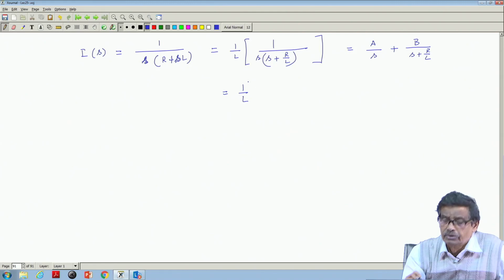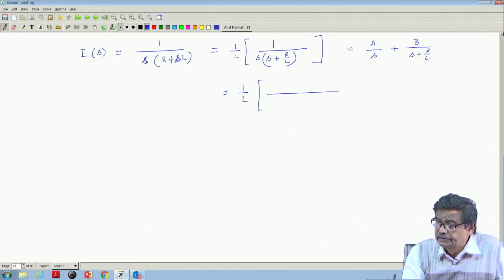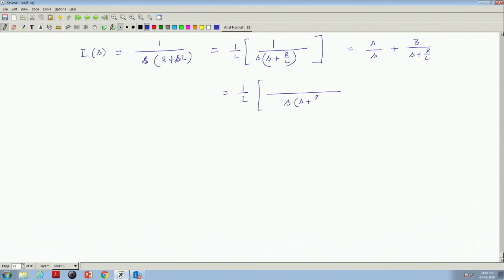So what you do is this: on the top it is S into S plus R by L. On the top there is a constant, so you add this, then minus S, there is no S term.